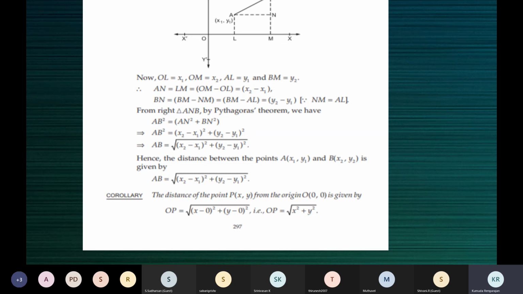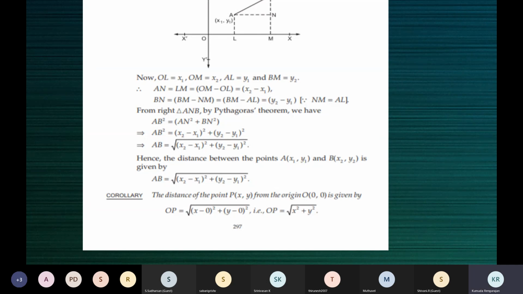In general, how do we express the coordinates of a point lying on the x-axis? X comma 0, ma'am. Yes, x comma 0.